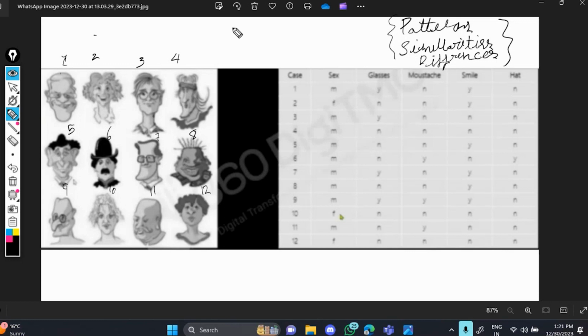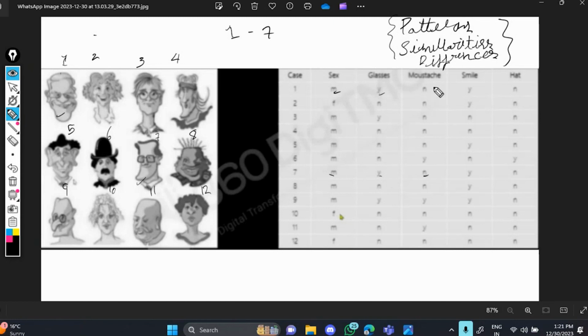Let me check. If we focus on 1 and 7, this one and this one. What we can see in the data is that both are males. Glasses: they are wearing glasses, true. Mustache: they both have a mustache or not?